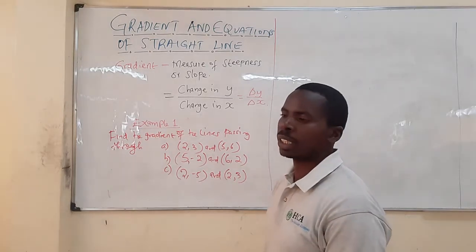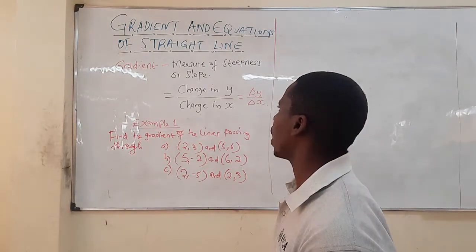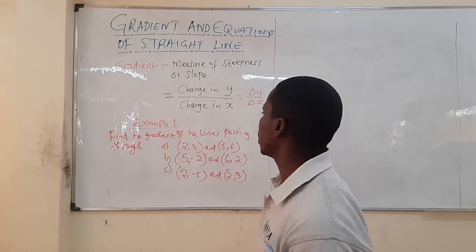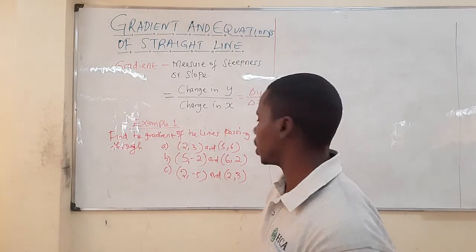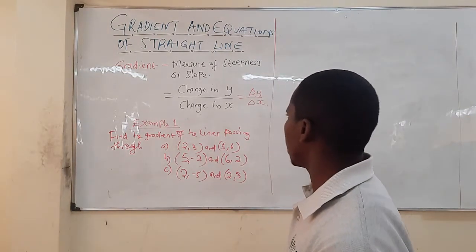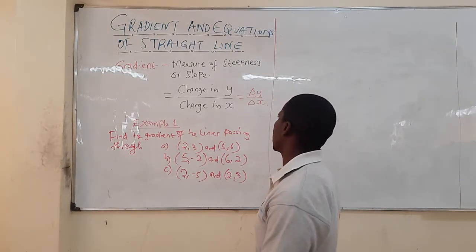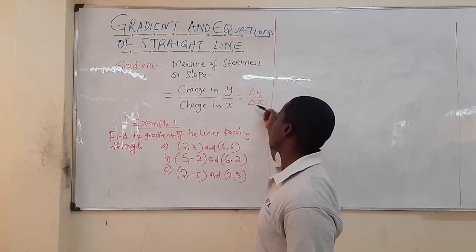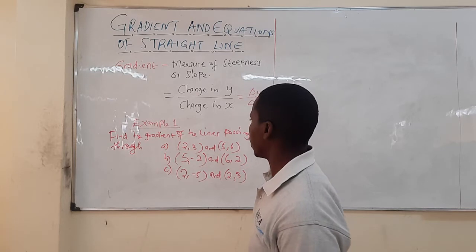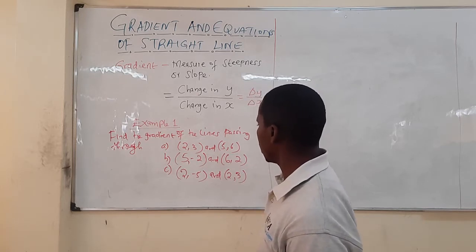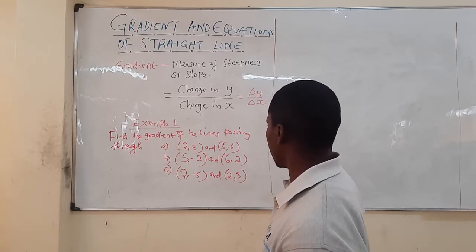So you're going to be looking at how far the line has changed in terms of the y-axis and then the x-axis. You can just write it as change in y over change in x. That's the gradient. And you're going to do some questions here to be able to understand the same.